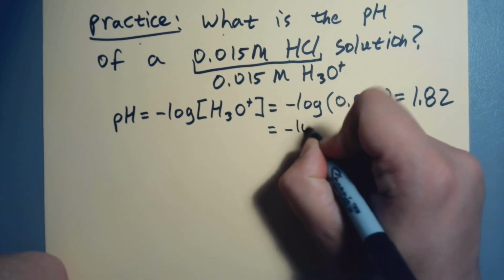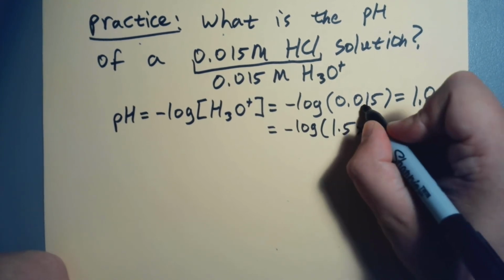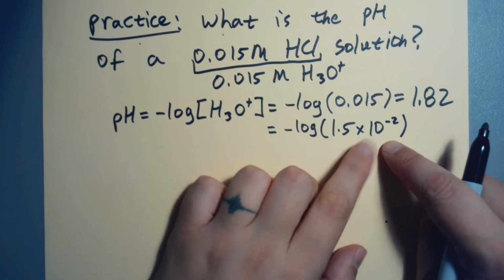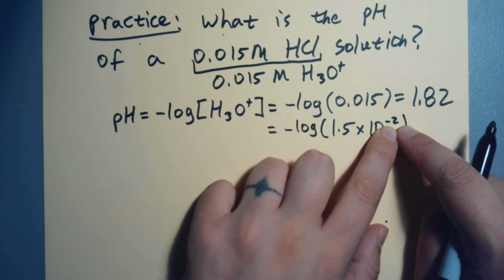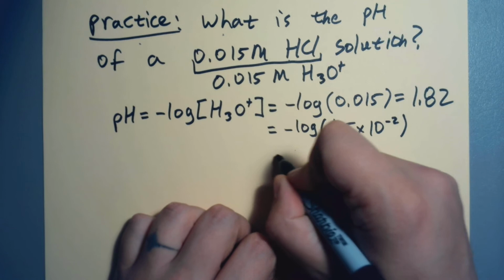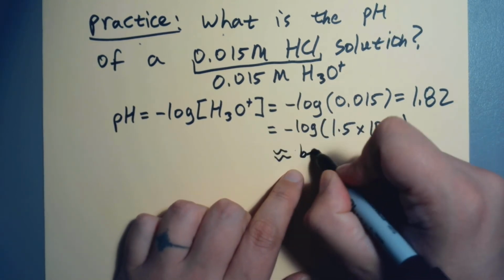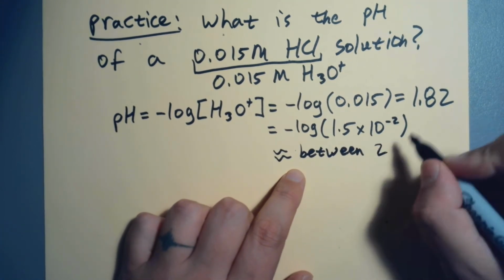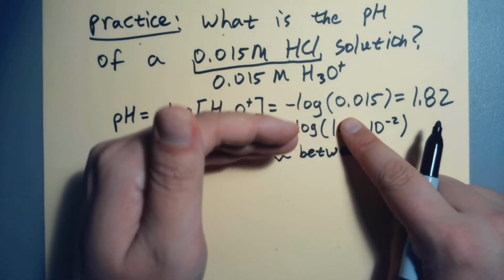Or I can rewrite this as log of 1.5 times 10 to the minus 2. That's how I want to look at it to estimate it. We already know it's going to be between 1 and 2, but I see that it's approximately 2, and then it's a 1.5, which means that, remember, as this number goes up, pH goes down.